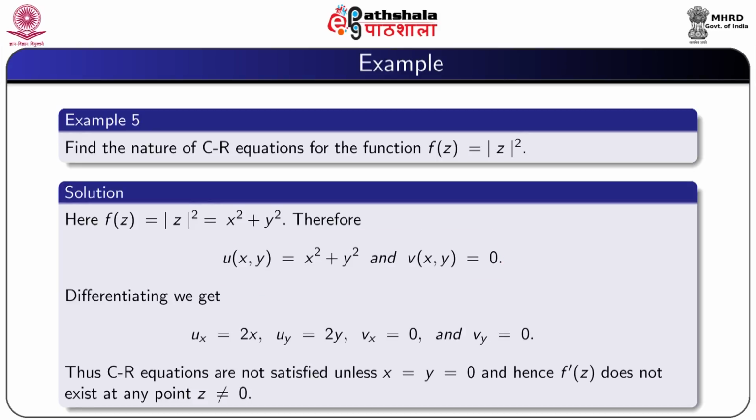So, differentiating we get u_x = 2x, u_y = 2y, v_x = 0 and v_y = 0. Thus, we see that Cauchy-Riemann equations are not satisfied unless x = y = 0, and hence f'(z) does not exist at any point except 0.